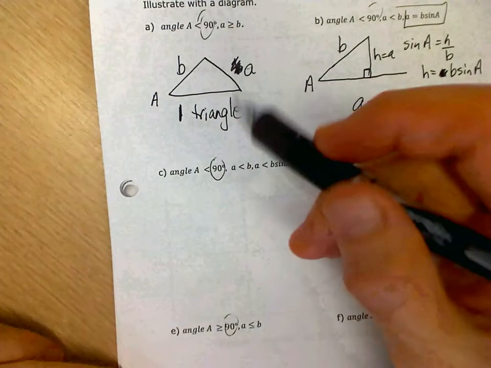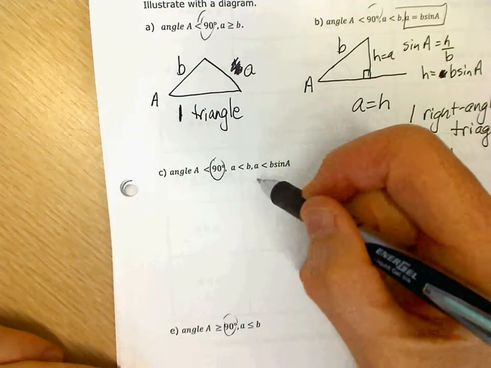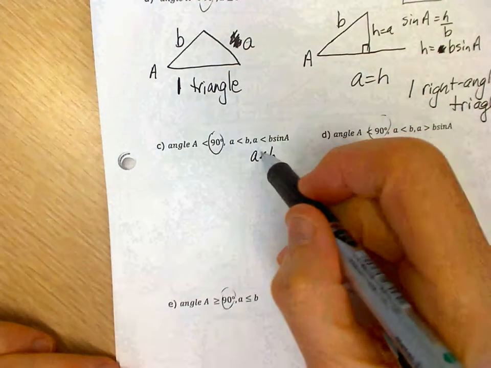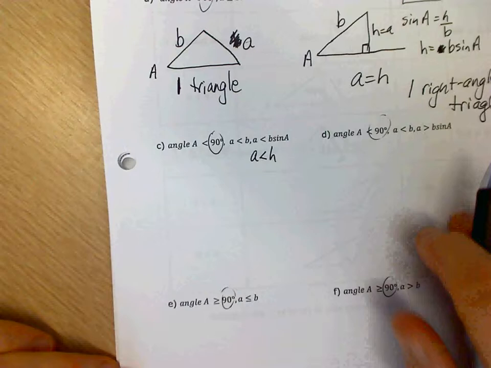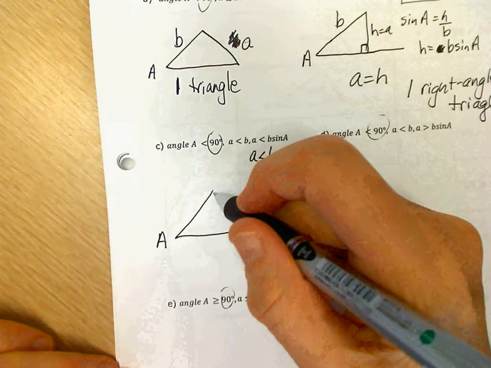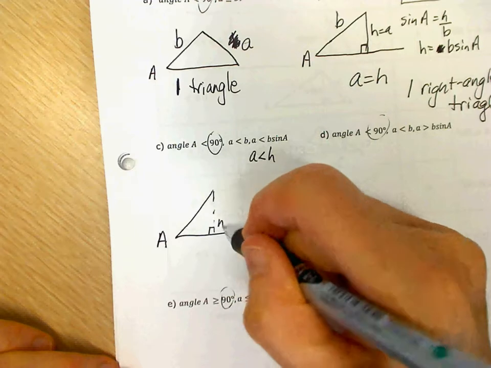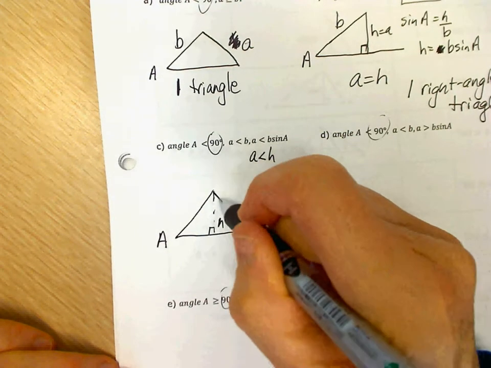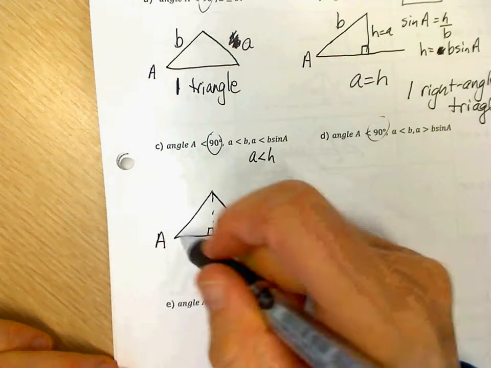Let's look at this case. What happens when A is less than the height? A is less than B sine A. Okay, so always draw this is A. Here's our height right here. But A is less than B. It won't even reach the base.